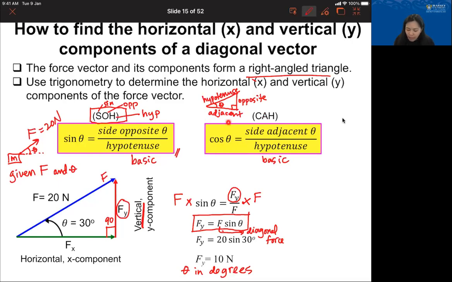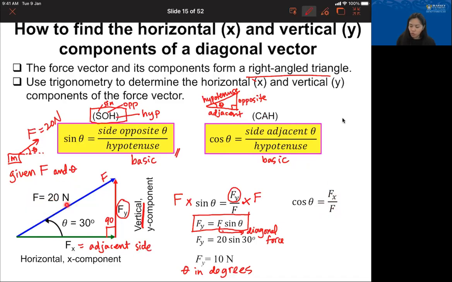The adjacent side, that's the x component, so this is the adjacent side in your right angled triangle. So to get the x component of this diagonal vector, you use cosine theta equal to adjacent over hypotenuse. If we apply this basic equation to our force triangle, the side adjacent is the x component Fx, and the hypotenuse is the diagonal force F.